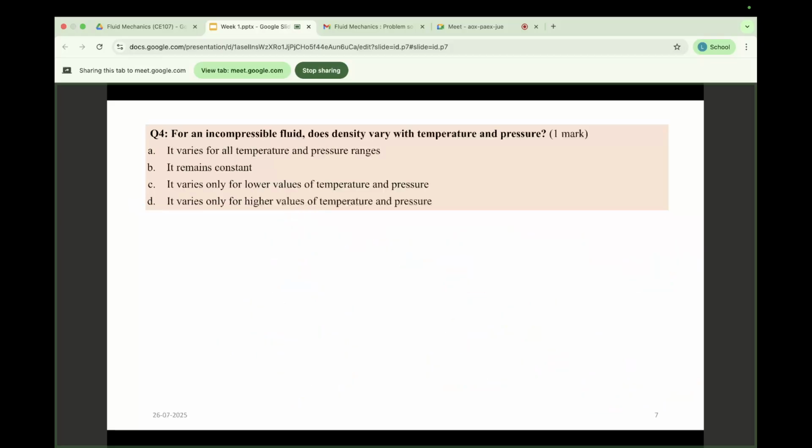So coming to the next question. It is given: for an incompressible fluid, does density vary with temperature and pressure? That is the question, and four options are given. Please let me know which option you feel is correct.